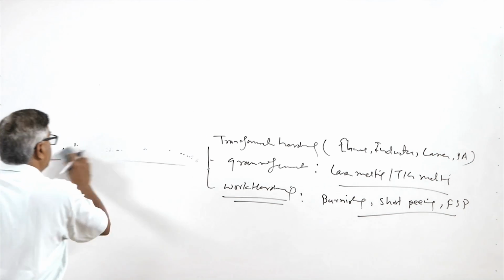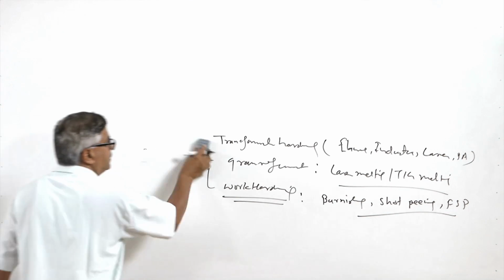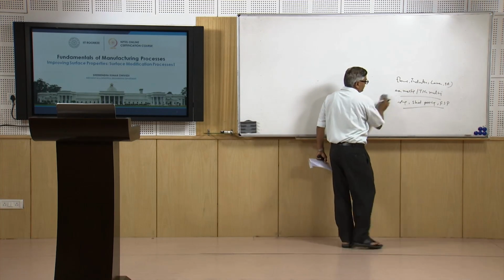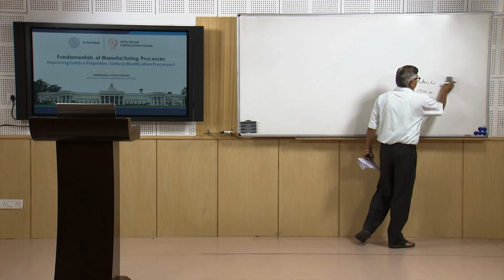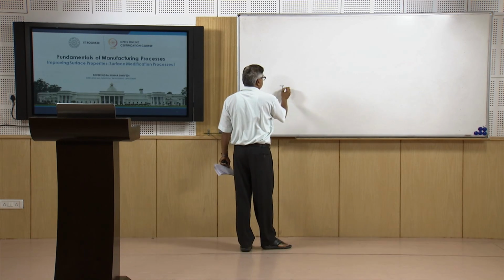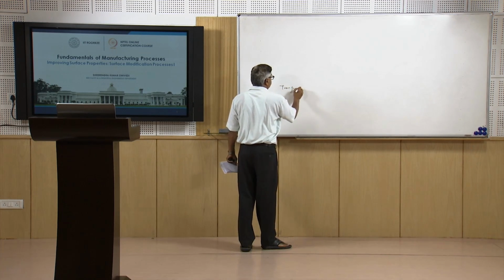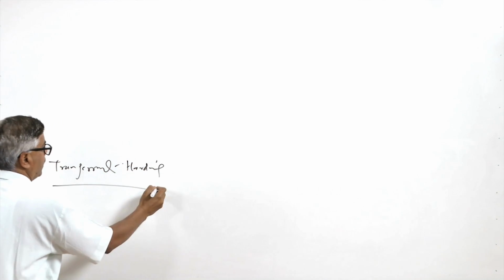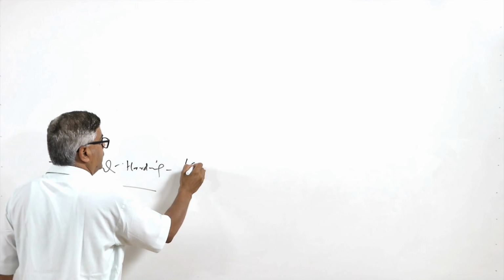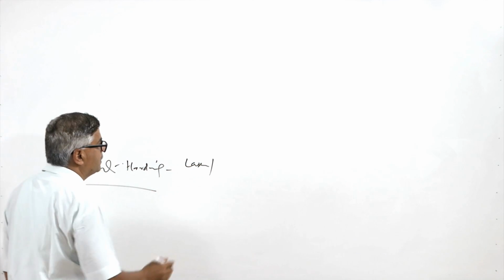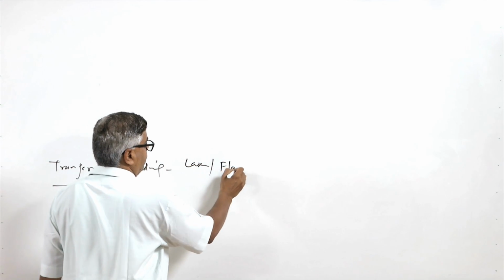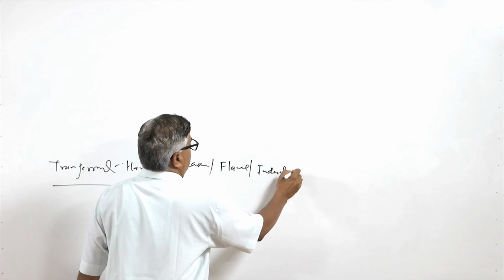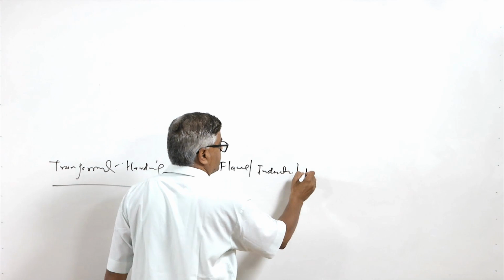So we will talk about the basic principles of transformation hardening first, then grain refinement, and then deformation based approaches. The first is transformation hardening based processes. These are thermal methods, where either laser, flame, induction heating or a plasma arc is used.